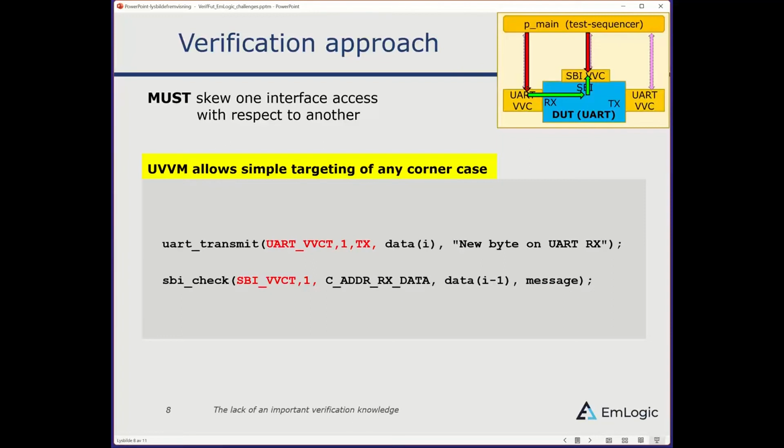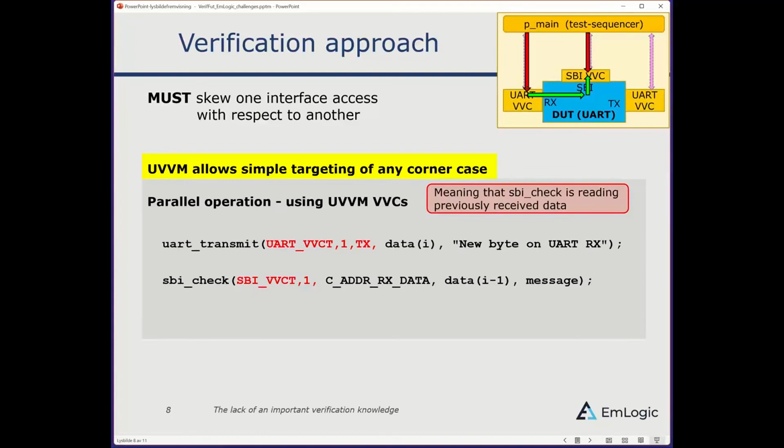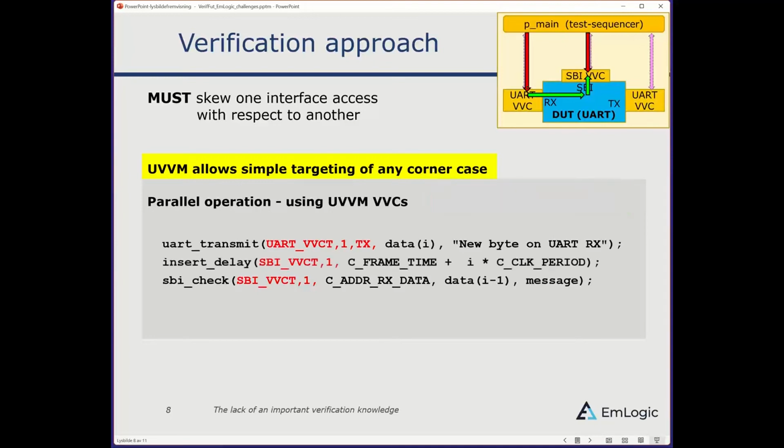And in this case, is this SPI checks. SPI stands for Simple Bus Interface. It's basically just a register interface, CPU interface, and you're reading the data out. And in UVM, you can do this in parallel. That means, of course, in this case, that the SPI check is reading the previously received data.